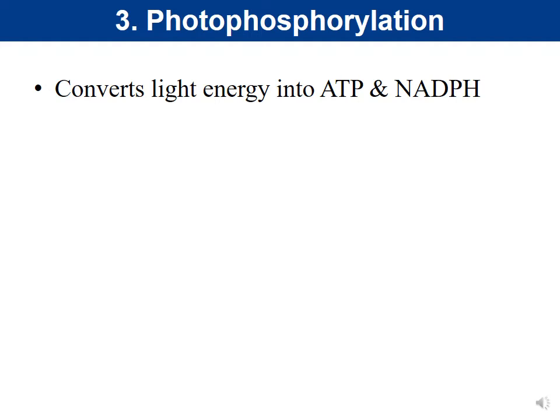And that's where the plant's going to be able to build its sugar. So again, used in photosynthesis. Photophosphorylation is used to make ATP in photosynthesis.